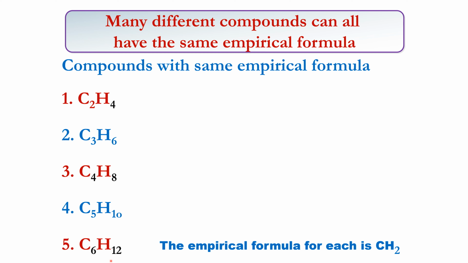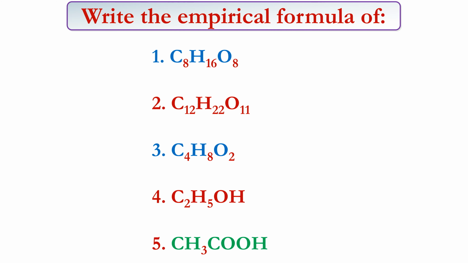So all these different compounds have the same empirical formula. Just to test your knowledge again, try to write the empirical formula of these different compounds to familiarize yourself with how to write empirical formula when you are given the molecular formula.